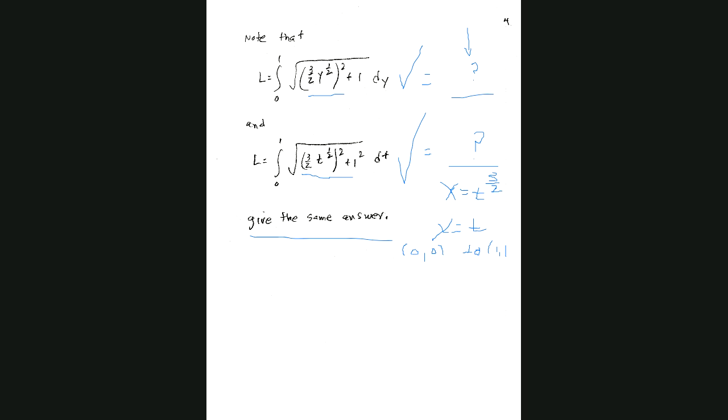And so the starting value of t has to be 0, because putting t equals 0 in both of your parametric equations will get you 0, 0. And then putting t equals 1 in both of your parametric equations will get you 1, 1.